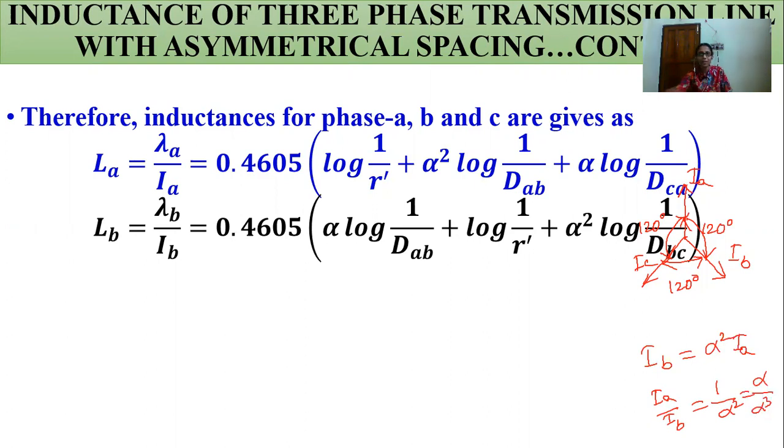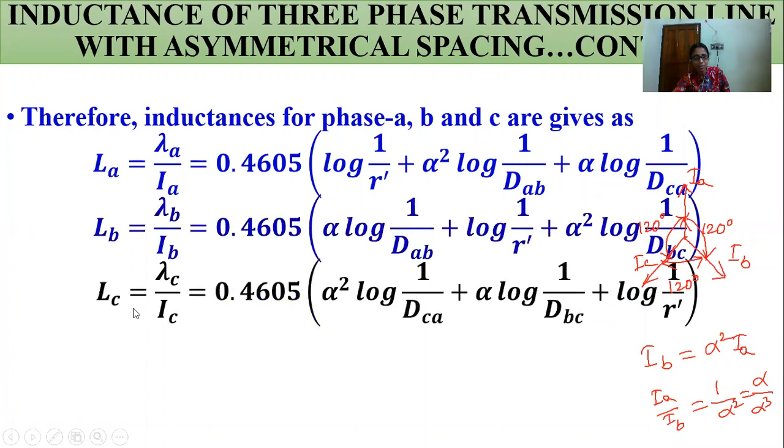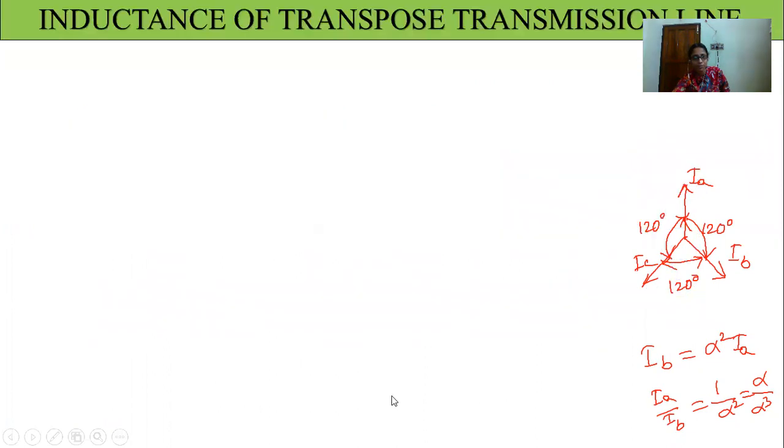So we can write here alpha into log 1 by DAB plus log 1 by R dash plus alpha square log 1 by DBC. And the next term, the inductance for phase C, will be lambda C divided by IC, 0.4605 alpha square log 1 by DCA plus alpha log 1 by DBC plus log 1 by R dash.